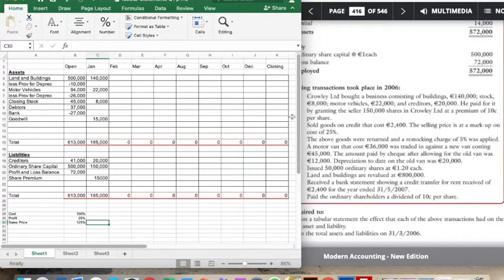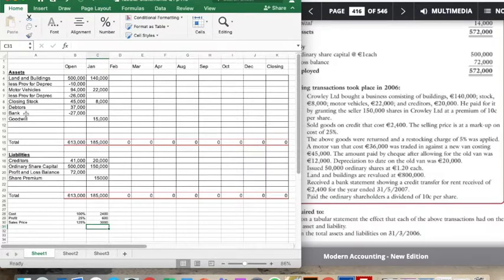Okay, so those goods cost 2.4. The selling price is a markup of that, so this number multiplied by 25% gives us our profit, and our sales price is when we add these two together. So let's think how that's going to affect this.